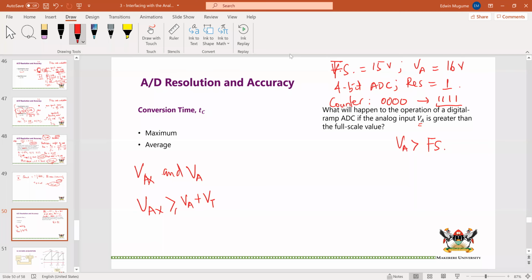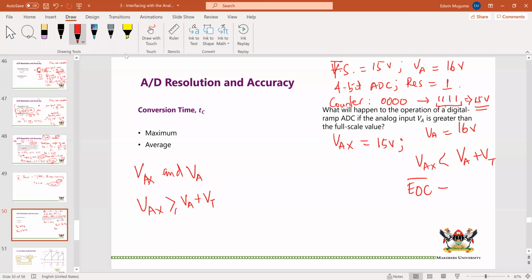Even if it is at 1111, which is equivalent to 15 volts, it means in this case, when it is at full scale, VAX will be equal to 15 volts, but VA is equal to 16 volts. In other words, VAX will always be less than VA plus VT. What happens here? It means that even when VX has reached its maximum, EOC will still be equal to 1 since the other condition has not been satisfied.